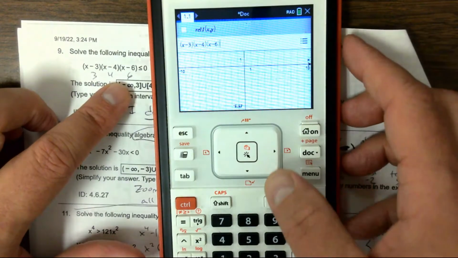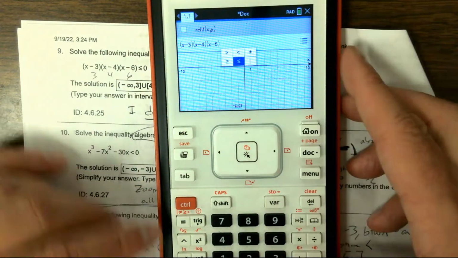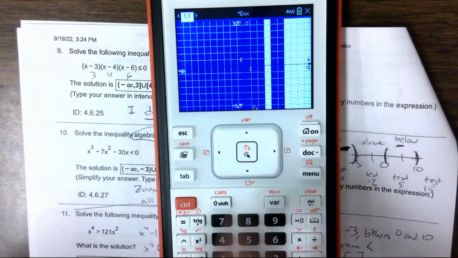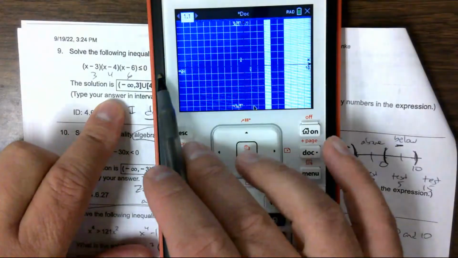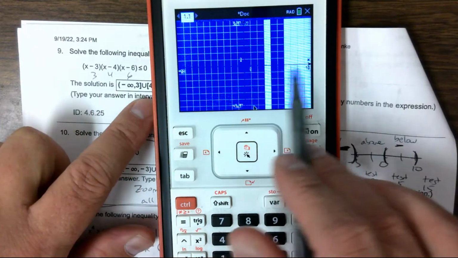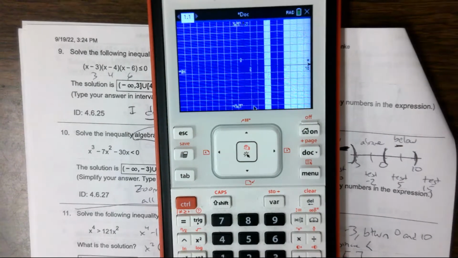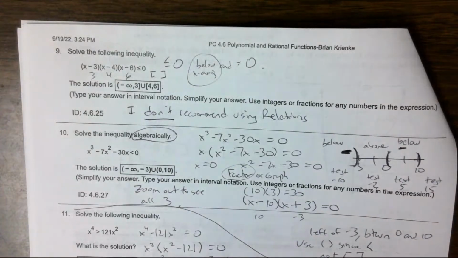This time we want less than or equal to 0. It's going to look like that, which to me again is weird. I guess it makes sense because it's negative infinity to 3 and then 4 to 6. But personally, I don't recommend that. I'll just say below the x-axis.